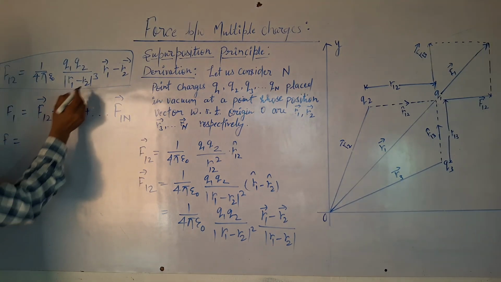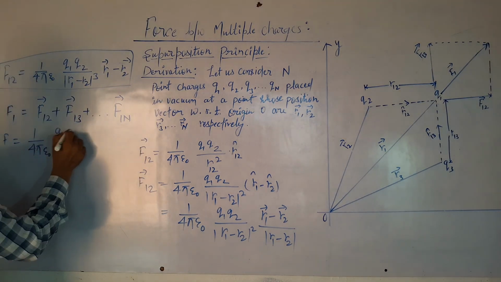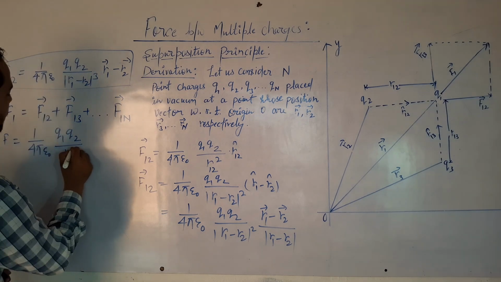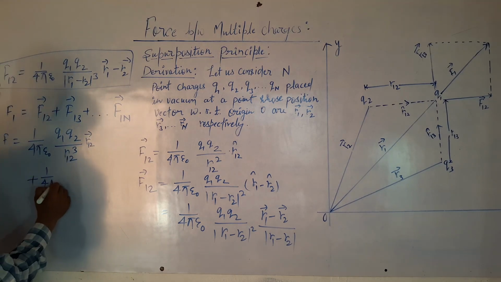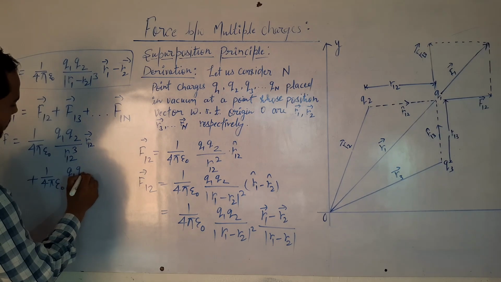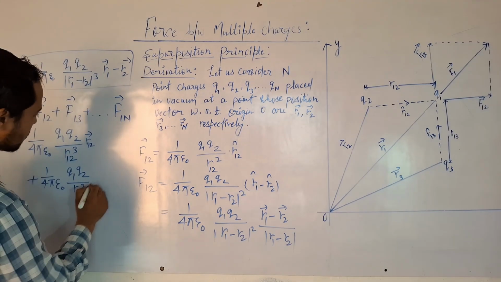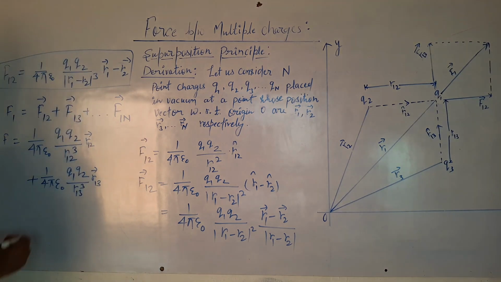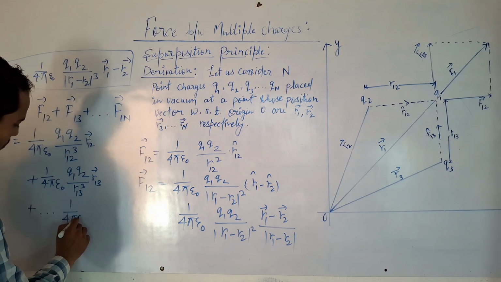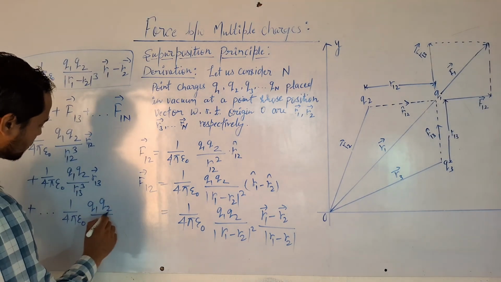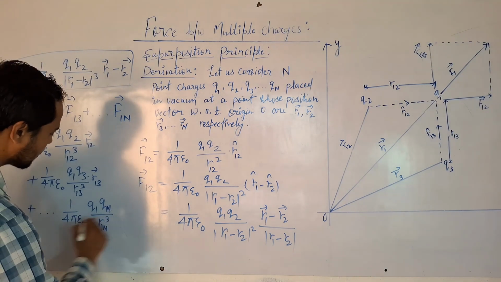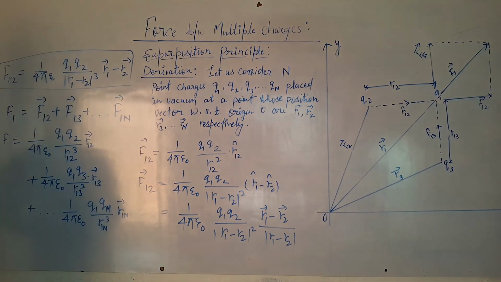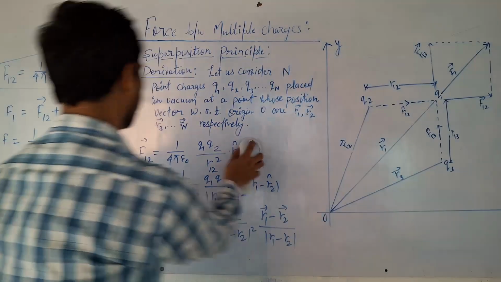So we can write 1 upon 4 pi epsilon naught, Q1 Q2 upon R12 cube, R12 vector, plus 1 upon 4 pi epsilon naught, Q1 Q3 upon R13 cube, R13 vector, plus and so on, plus 1 upon 4 pi epsilon naught, Q1 Qn upon R1n cube, R1n vector. We take 1 upon 4 pi epsilon naught common.